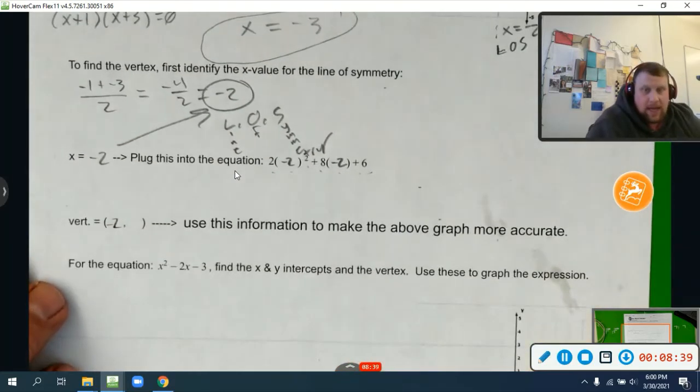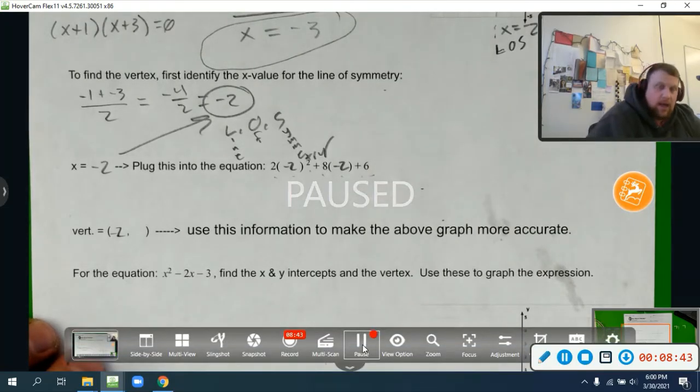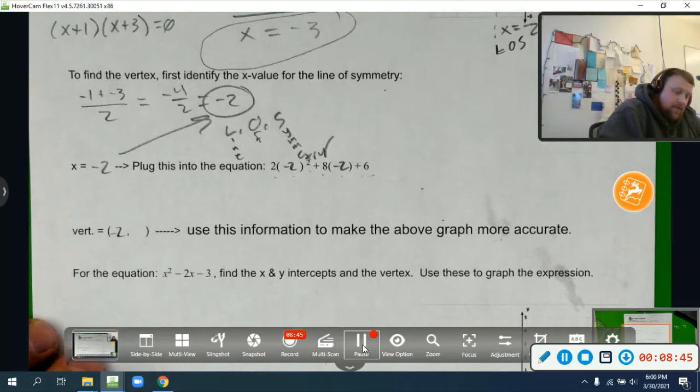So let's go ahead and take a minute and solve that and find out what our y value is going to be. Don't forget, by the way, the -2 is inside the parentheses, so we square that. What's negative times negative?